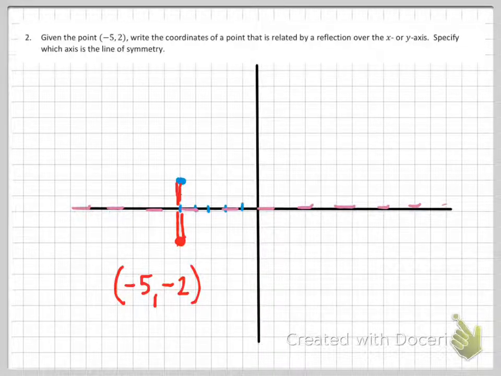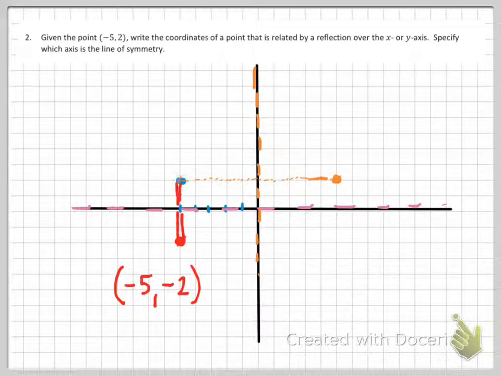If we wanted to reflect over the y-axis, we look at the y-axis right here. We have to be 1, 2, 3, 4, 5 spaces to the right. So right here.